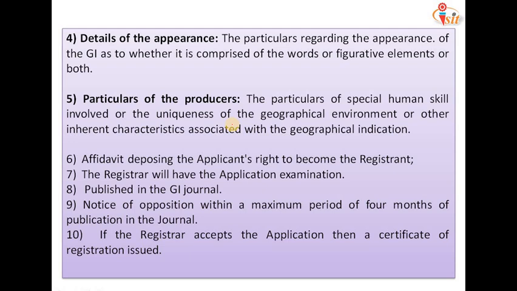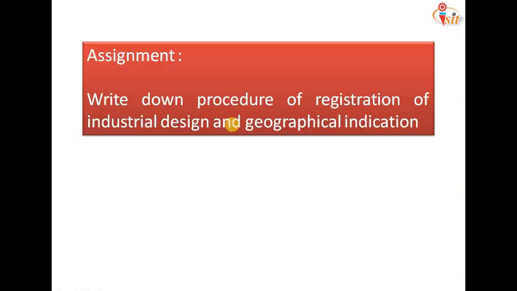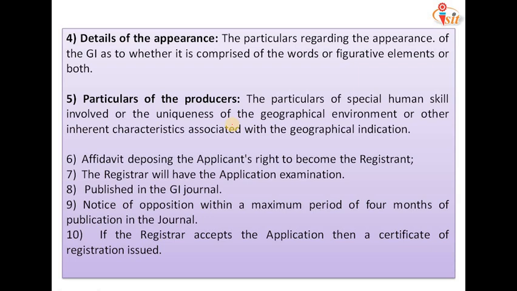If the registrar accepts the application, then the certificate of registration is issued. So these procedures are easy, and there is no difficulty in understanding them, and you have to go through this procedure thoroughly.